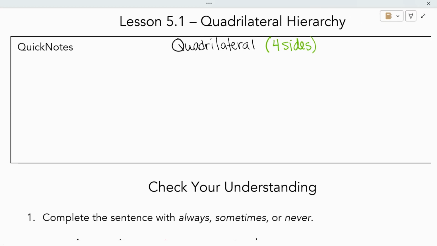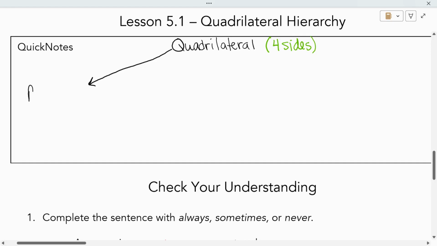Okay, this is on the next page. We're going to start with the quadrilateral. Just had 4 sides. And then if you think about the front, when we started sorting those, I said we could actually break that into how many categories? We can break it up into 3 categories.